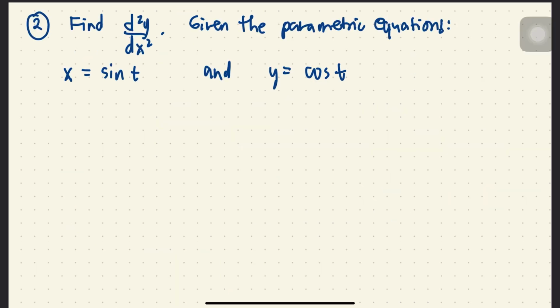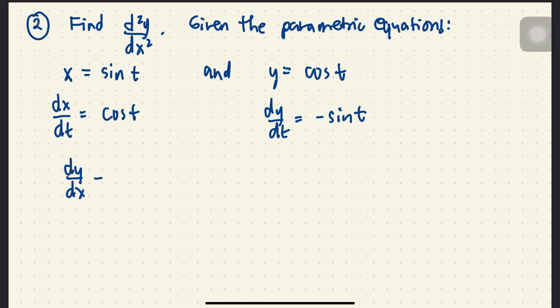Okay. We now have x equal to sine t and y equal to cosine t. So we just get the derivative with respect to t. So sine becomes cosine t. Here cosine becomes negative sine t. Combining them, get dy over dx: negative sine t over cosine t, or negative tangent t.